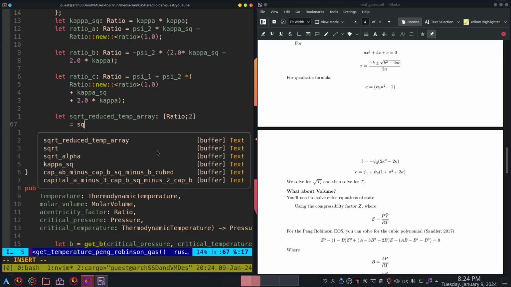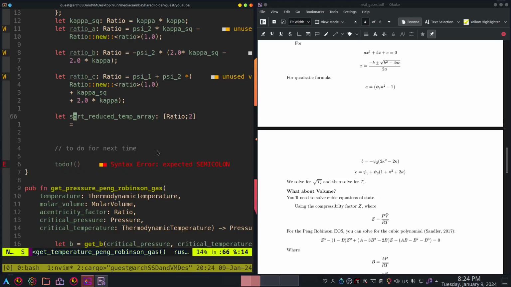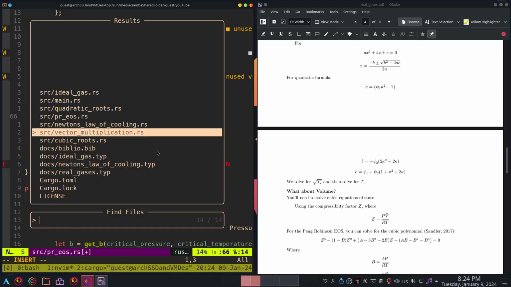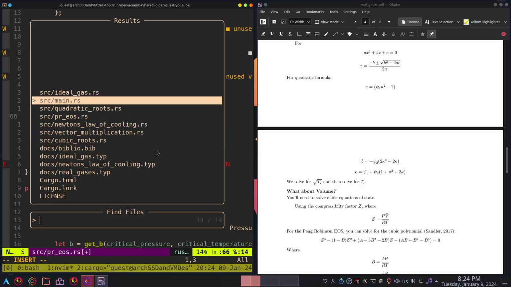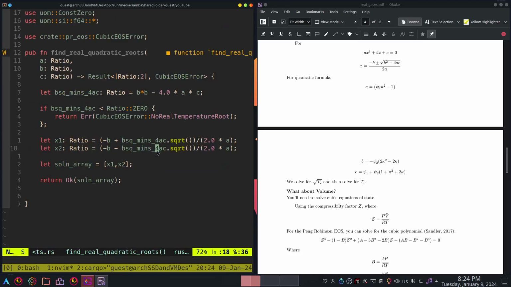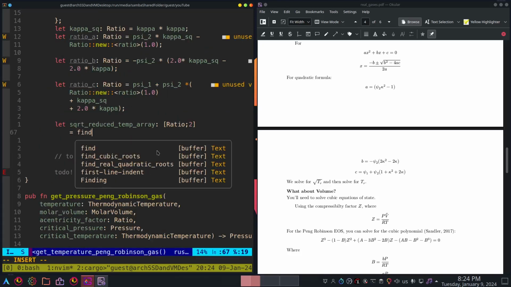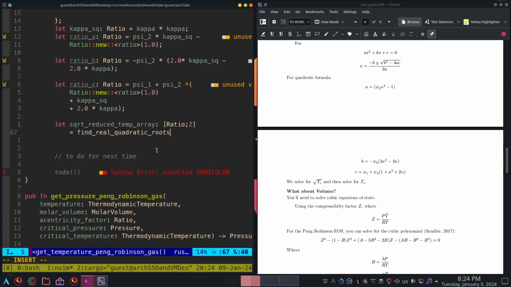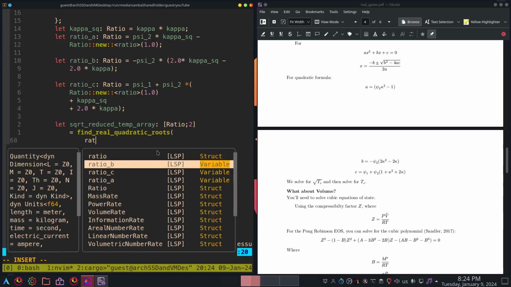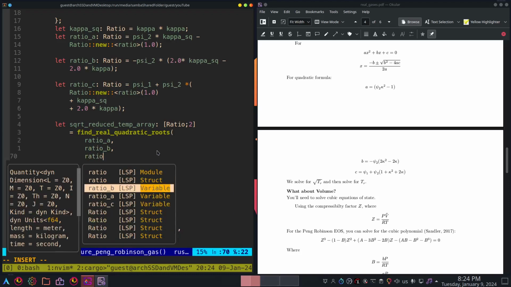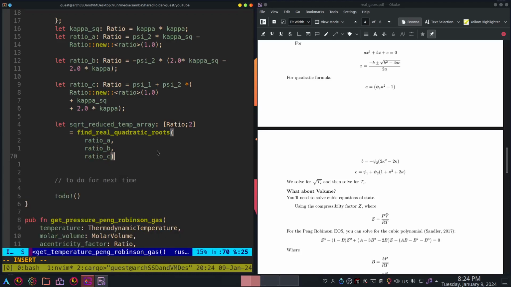Square root. Okay, let me see what I named it. Cubic roots, quadratic roots, find real quadratic roots. Okay, find real quadratic roots, ratio A, ratio B, ratio C, and I'm going to put a question mark.